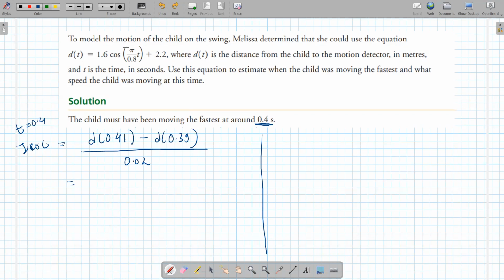So 1.6 times cosine, I'm in degrees, so let me go to radians. 1.6 times cosine of pi times 0.41 divided by 0.8 plus 2.2. So this gives me 2.137.